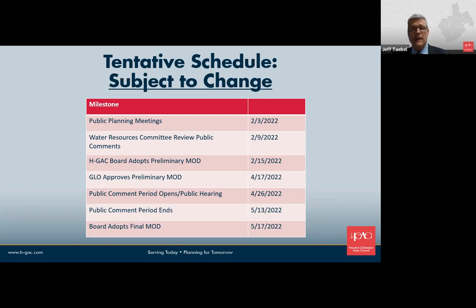And that committee, if they're able to reach consensus on a recommendation, would make a recommendation to our Board of Directors, which will meet on February 15th.